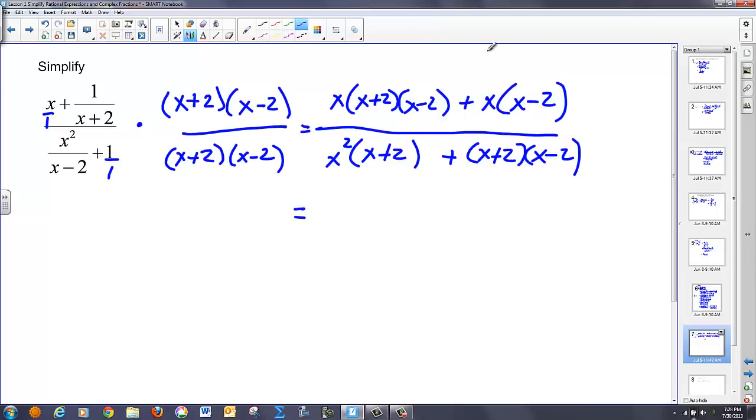Find my common terms. I have an x minus 2 in common in the numerator and an x plus 2 in common in the denominator, so I'll pull those out as GCFs. I also actually have an x in common in the numerator, so I'm going to pull out an x and an x minus 2, leaving me with an x plus 2 and a 1.